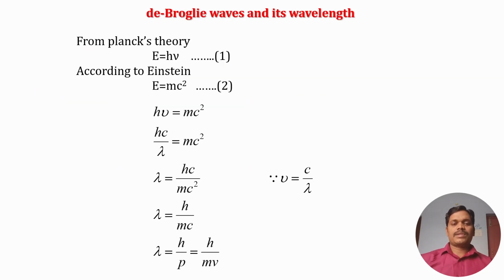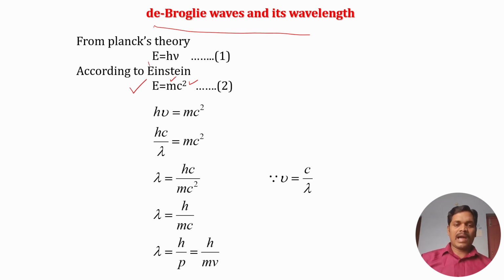So first we can discuss the de Broglie waves and their wavelengths. He has correlated two important equations. As I mentioned earlier, according to Einstein, the energy equation is E equal to mc square, where E is the energy, m is the mass, c is the velocity of light.